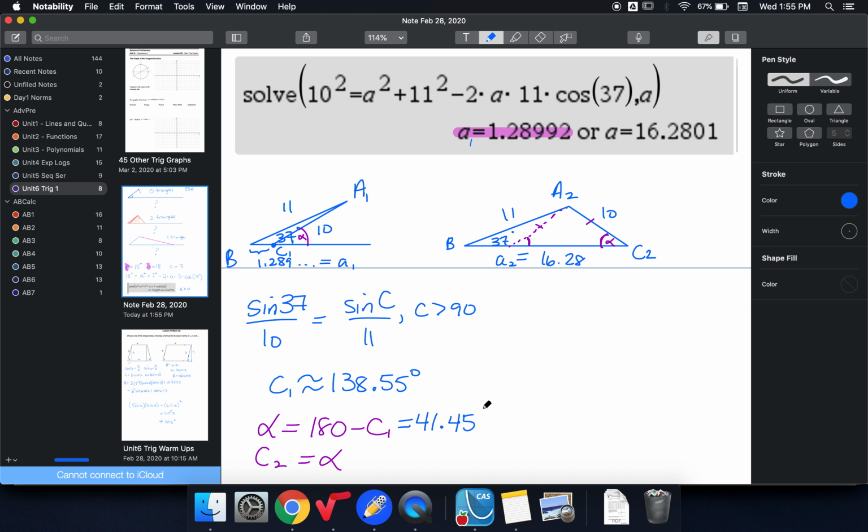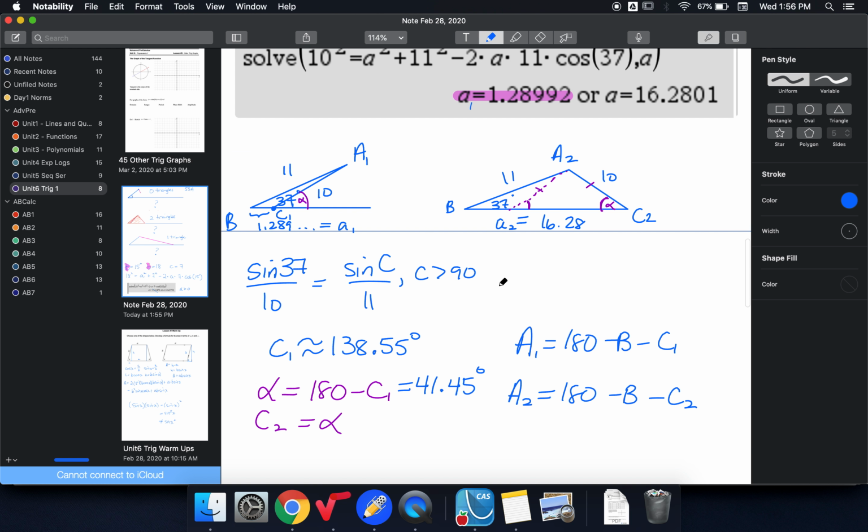So 41.45 degrees to the nearest tenth. And now I can come in and figure out what my angles A are. So A1 is going to be 180 minus angle B minus C1. A2, 180 minus angle B minus C2. So I only had to use my sine rule once to find all my angles.